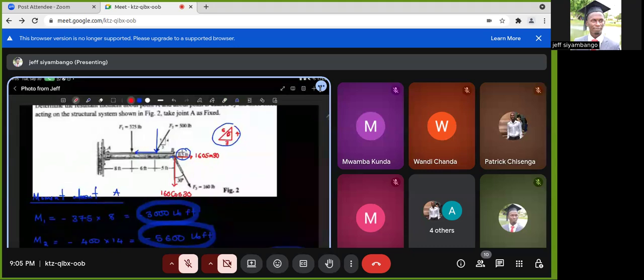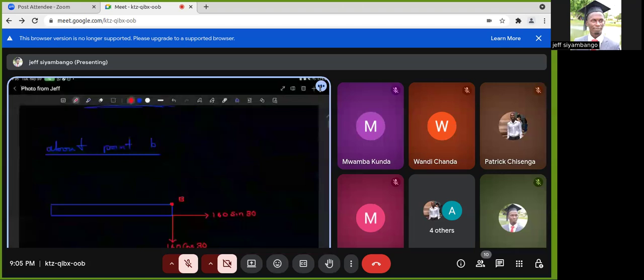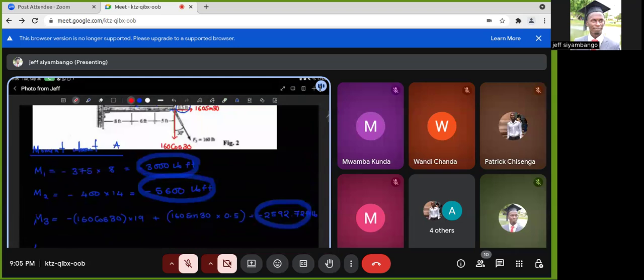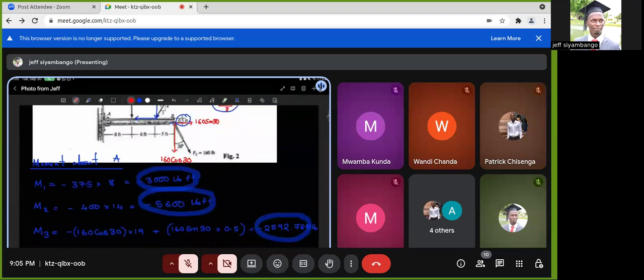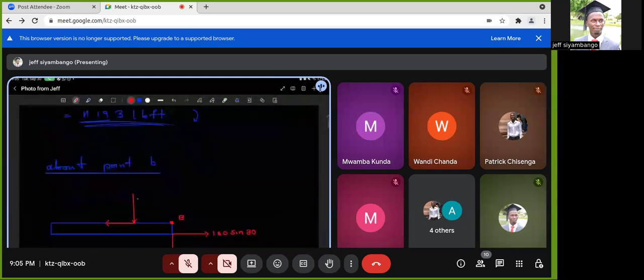F1, let's go to F2, already represented in components. A component that goes like this, and a component that goes like this. The vertical component, we dealt with it, that was 400.